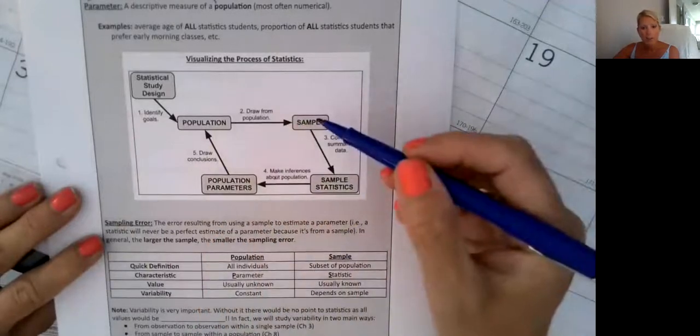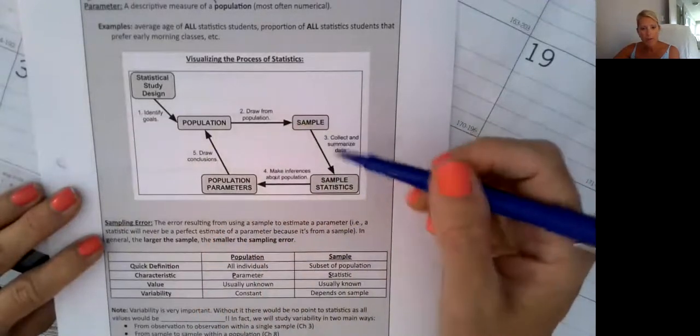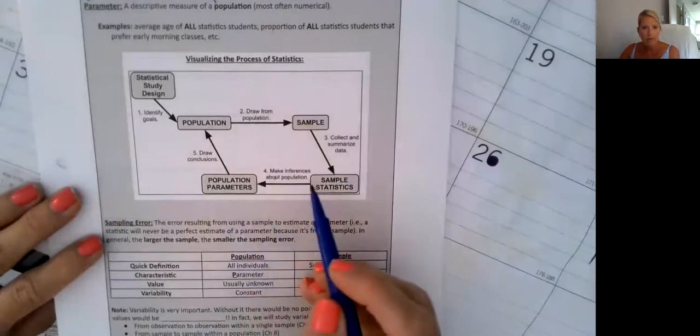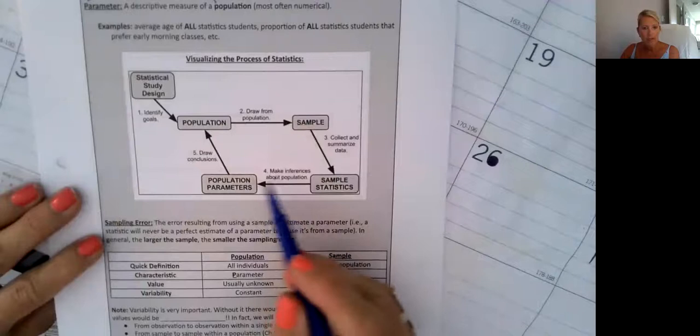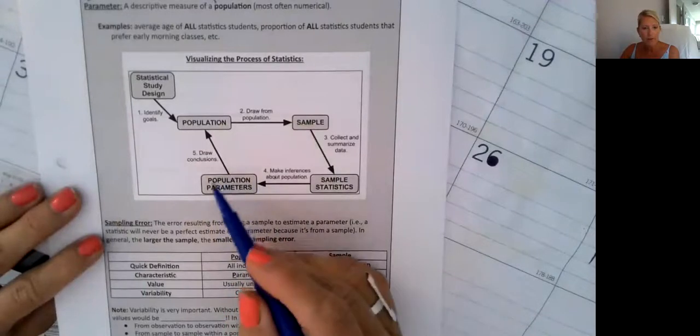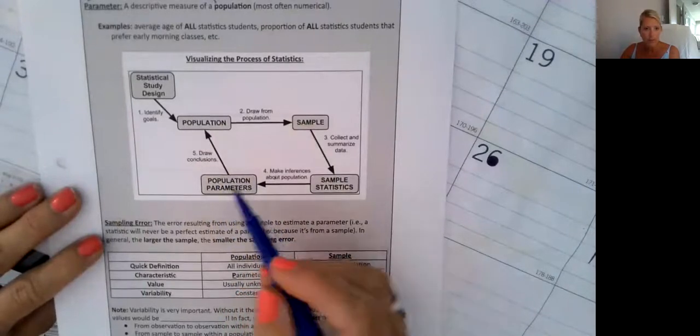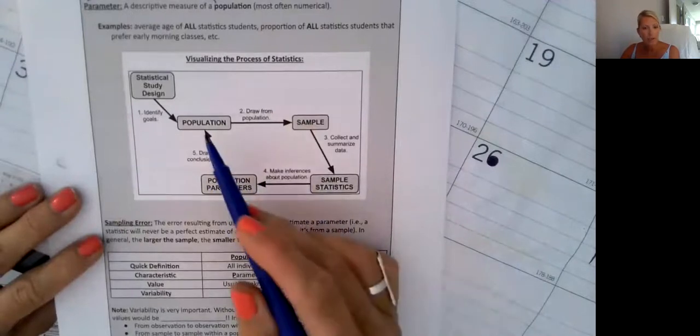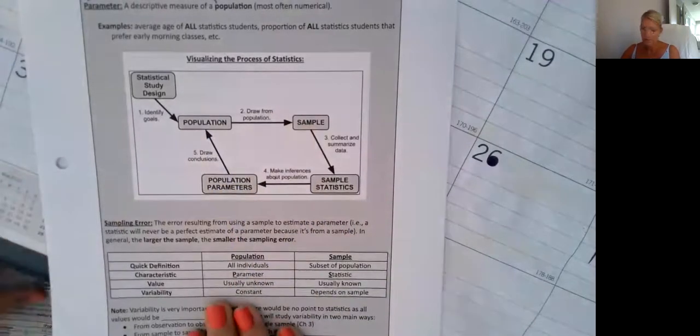Then from that random sample, you're going to collect some data, and we're going to call that data that you collect sample statistics, okay? And from those sample statistics, you're going to make some kind of an inference about the population of all JC students, if that's what we were talking about. And then you're going to use those population parameters that you've just now estimated to talk about the population.